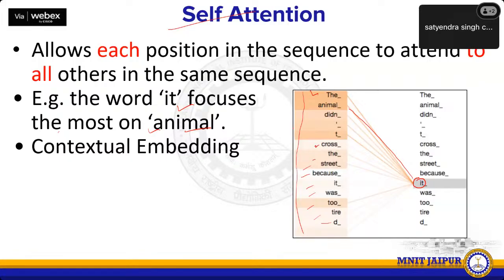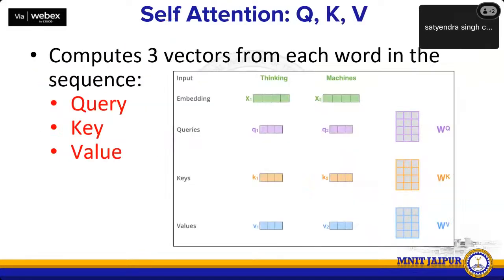So how does it do this? Earlier in RNN, we give one word at a time and generate an output, and then the context vector is passed to another RNN unit, which generates the output. One by one, it is doing.